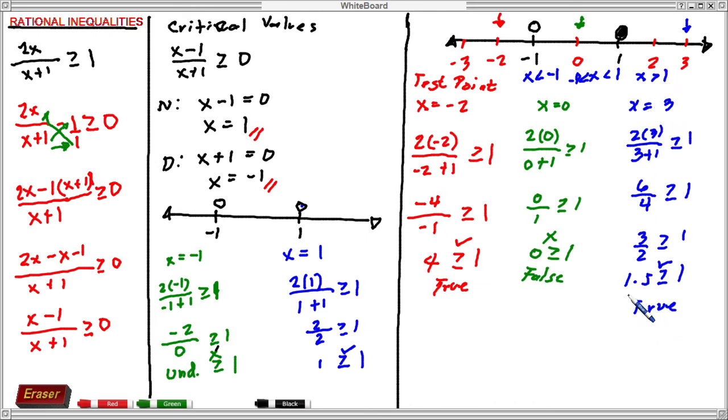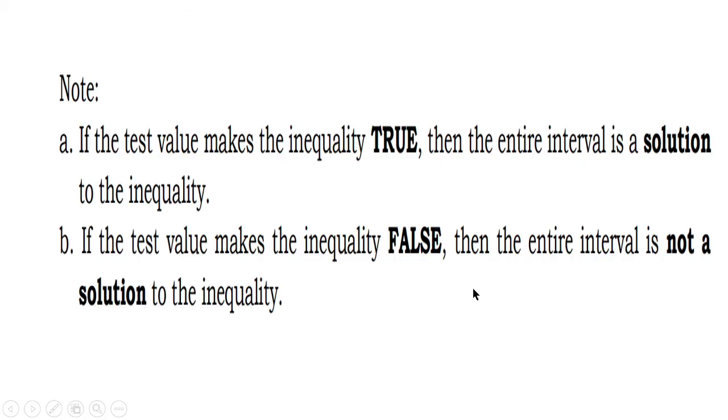Okay? And take note class that if the test value makes the inequality true, then the entire interval is a solution to the inequality. And if the test value makes the inequality false, then the entire interval is not a solution to the inequality.